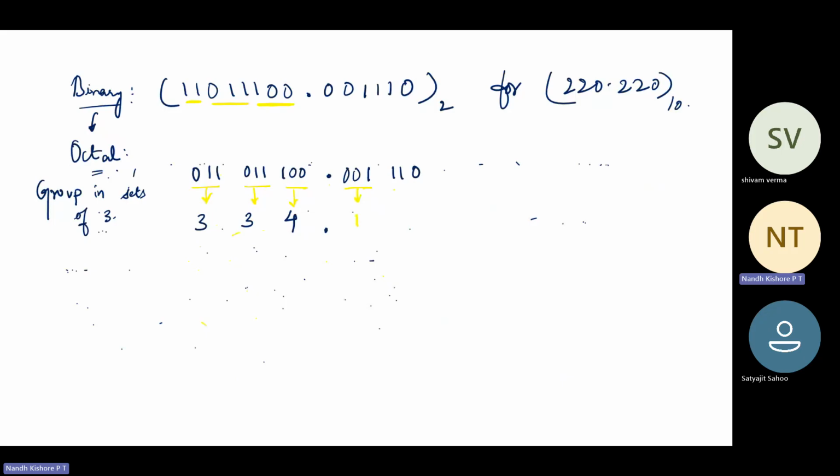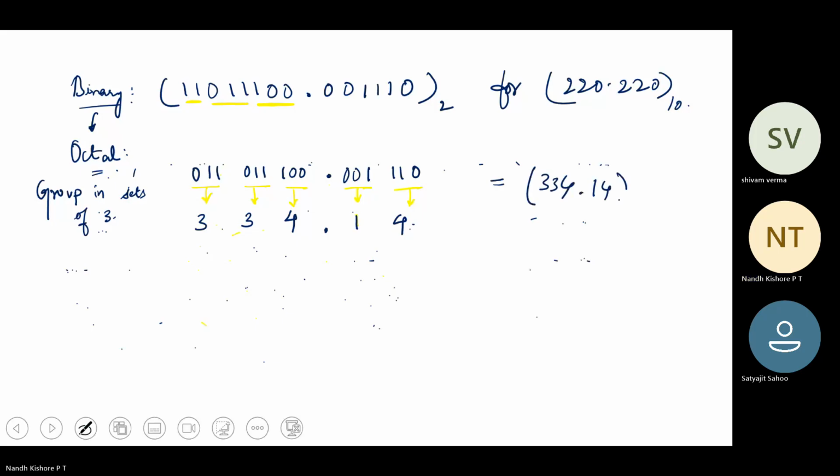So 001 is 1, and you end up with 4. So this is your number in octal. Okay. So that is 334.14. Okay. This is what you get in octal.